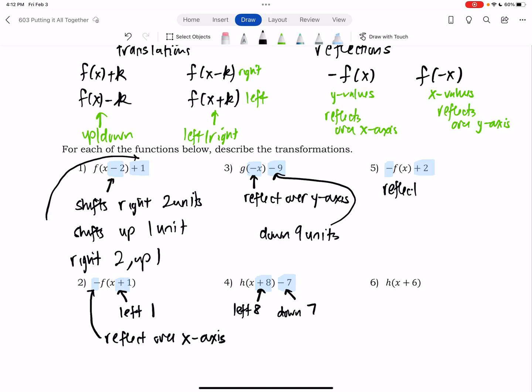So reflect over the x-axis and then go down 2. Last one has that +6 inside. It's a plus, so it's a left or right shift because it's in the x's. This is going to go left 6 units.